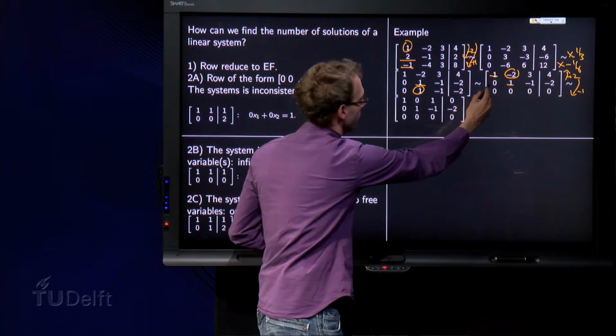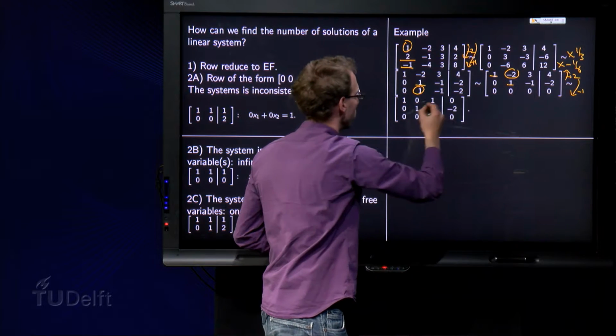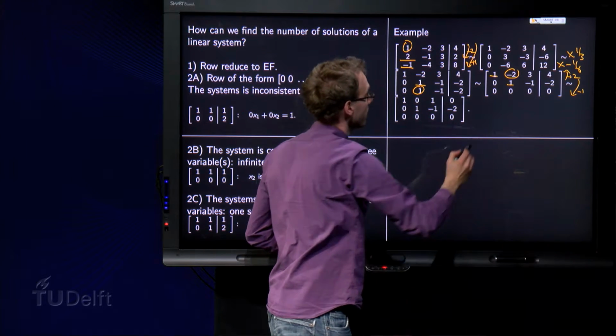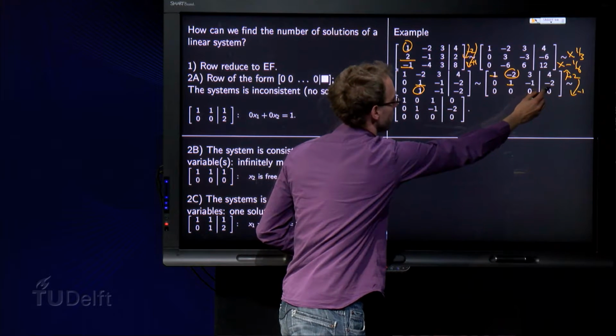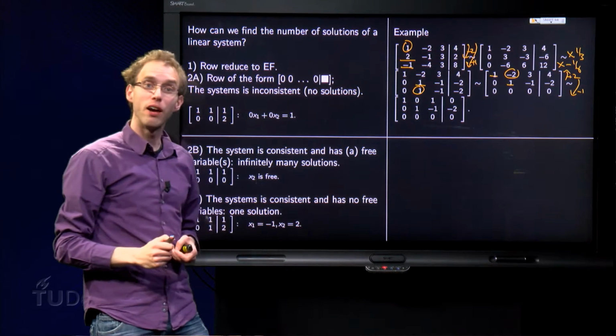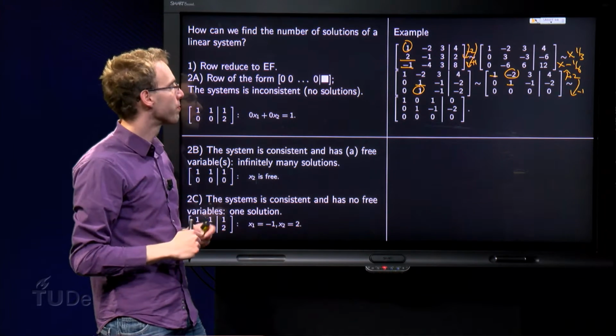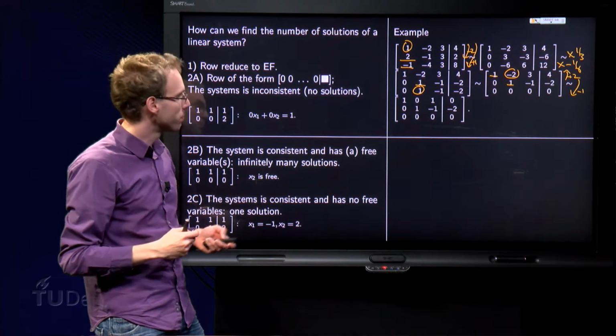So we get 2 times 0 equals 0 plus 1 equals 1. 2 times 1 equals 2 minus 2 equals 0. 2 times minus 1 equals minus 2. Added 2, 3 equals 1. 2 times minus 2 equals minus 4. Added 4 yields 0. And there we have our reduced echelon form. And now we can find the solution of the system.